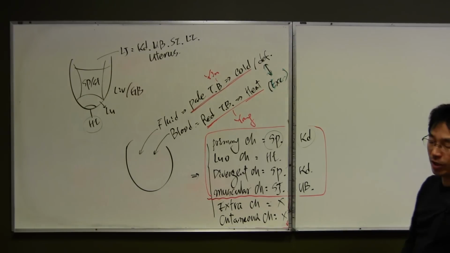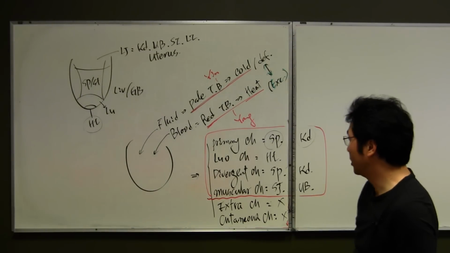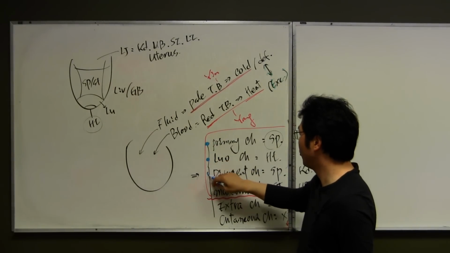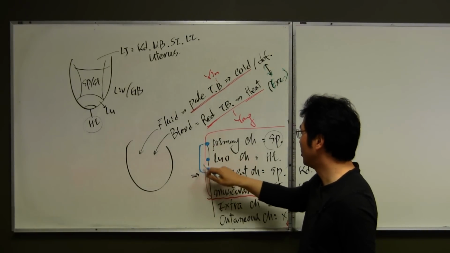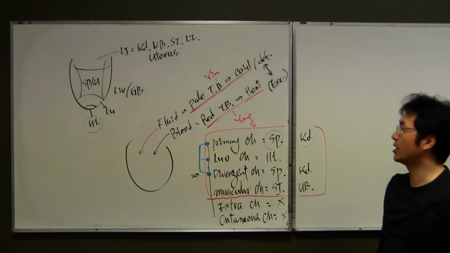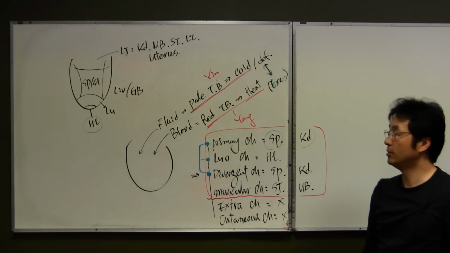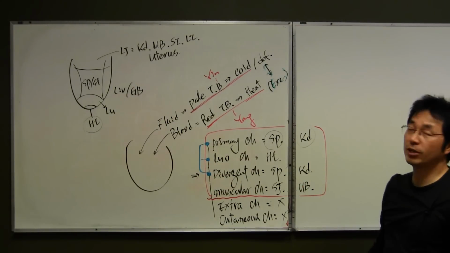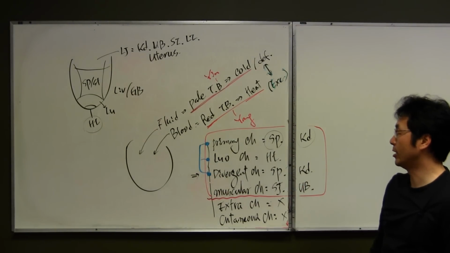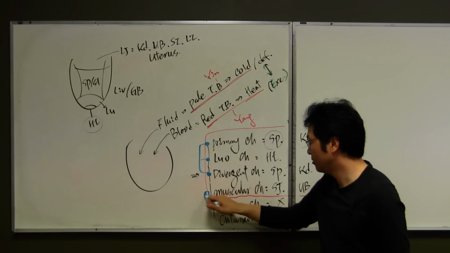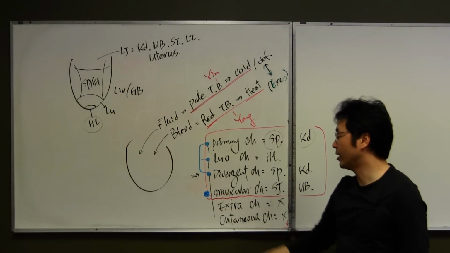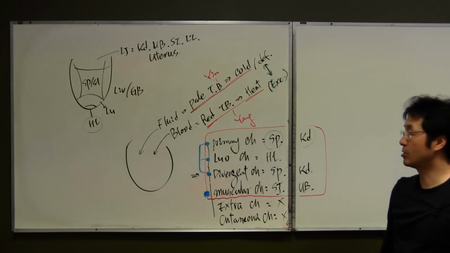But among these four, we have to think about one more thing. These first three all provide the pathway for the channel qi to flow into the tongue. I mean, these are the main pathway for circulation of qi and blood in our body. How about the muscular channel? The muscular channel does not directly provide the pathway for qi and blood circulation.